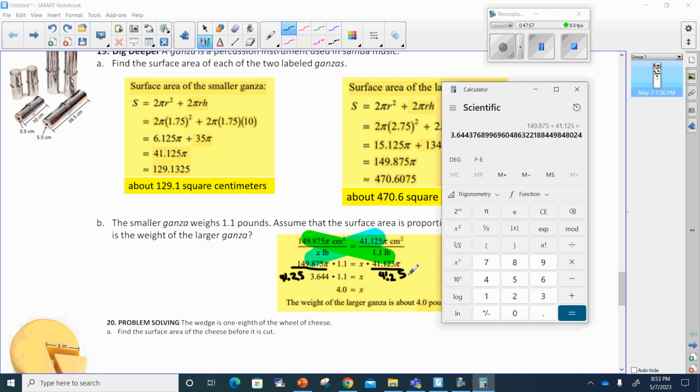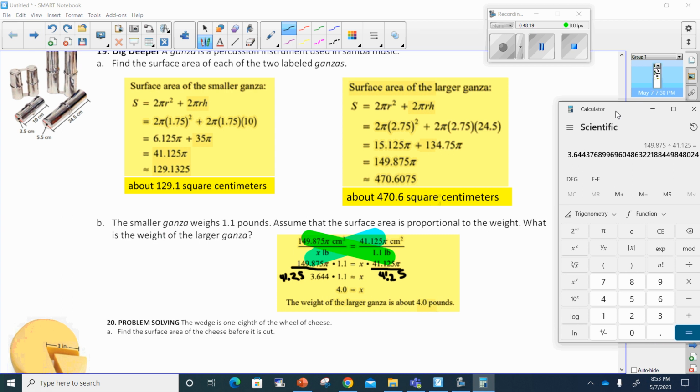We're dividing that out, and that's going to give us the times 1.1. When you multiply 3.644 times 1.1, you get 4. So the weight of the larger one is about 4. Okay?